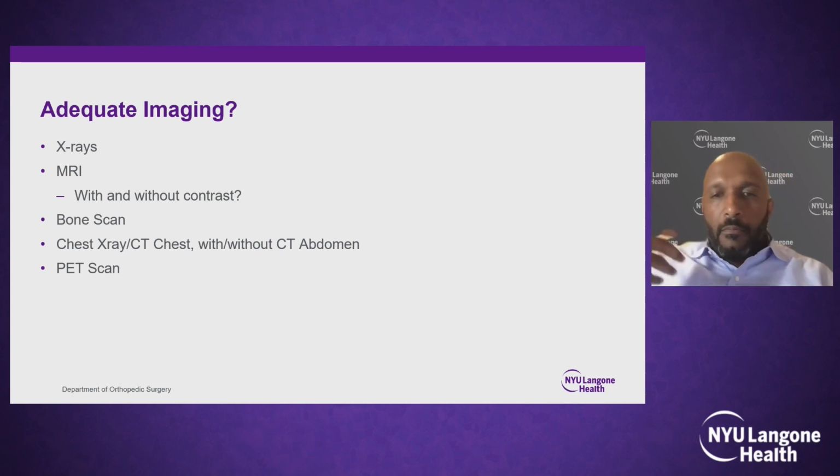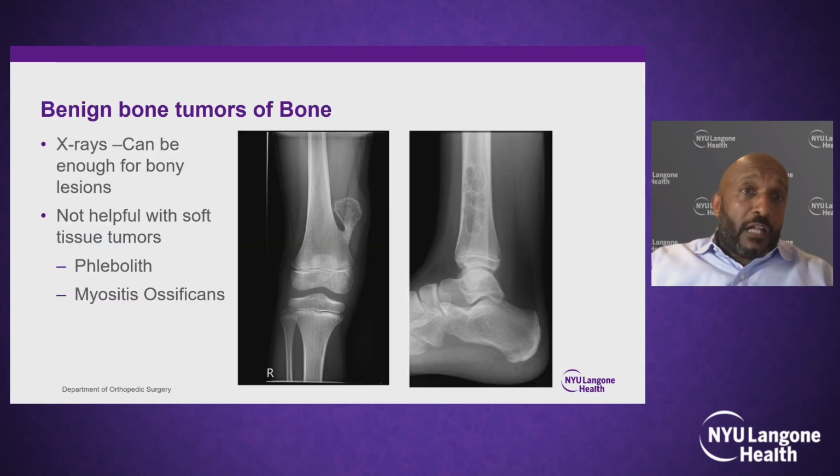So, as I give you advice about the kind of presentations that might come to your office, and as you work through your algorithm of how you work up your patients, X-rays, MRIs, bone scans, CT scans, these are all what we use to work up our patients. And I'll jump right in there. X-rays still are relevant.